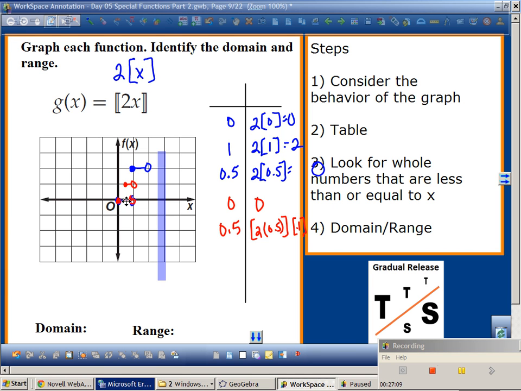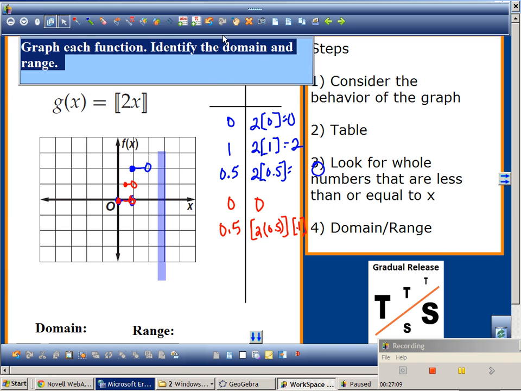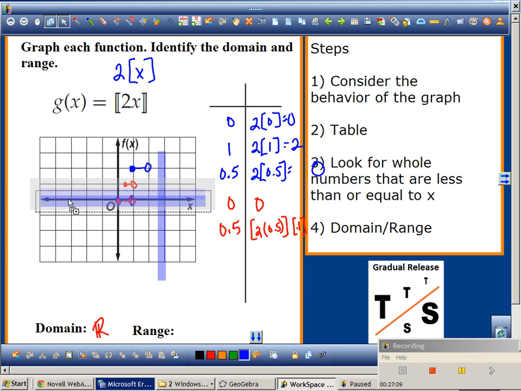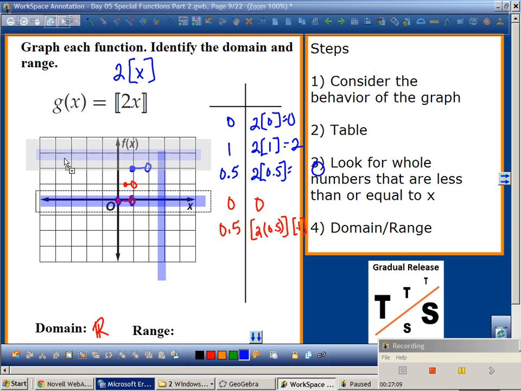So what will be my domain? All real numbers. What will be my range? As I go in this direction, would also be all real numbers, right?